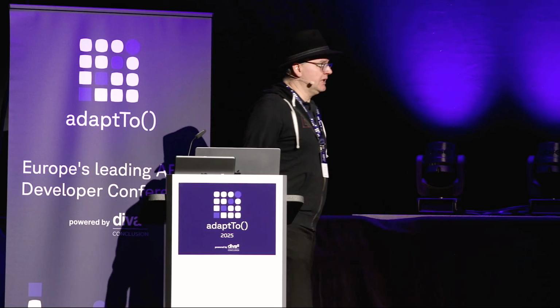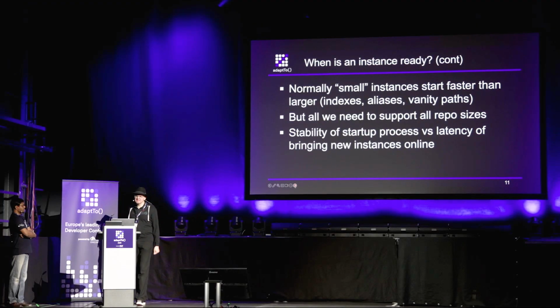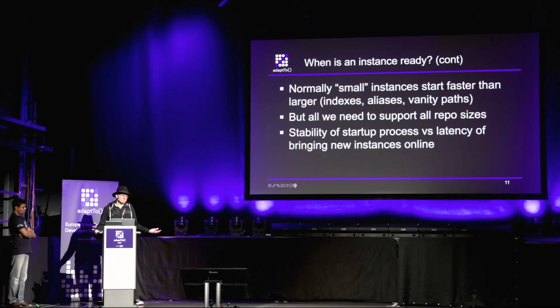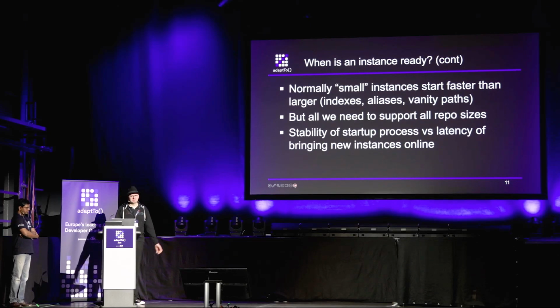So when is an instance ready? Some rules of thumb. Well, small instances are faster than larger ones, normally. Although we are trying to make large instances as fast as small instances.